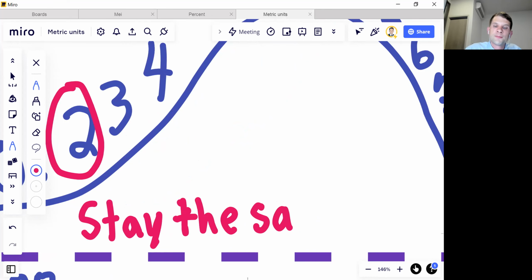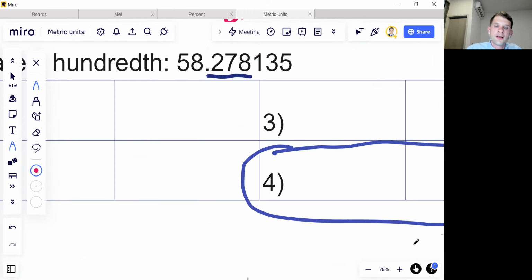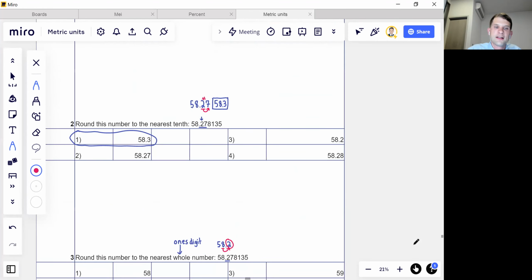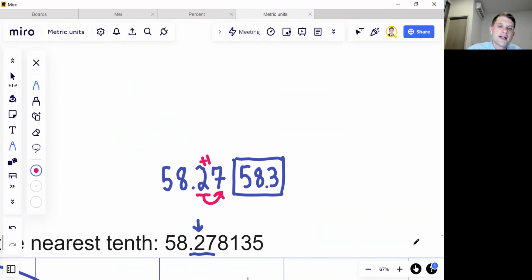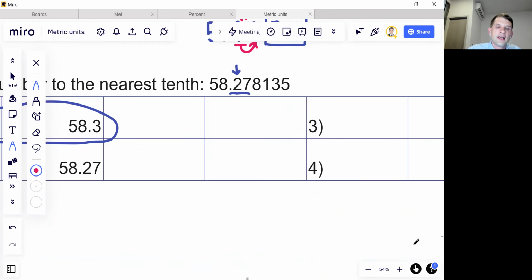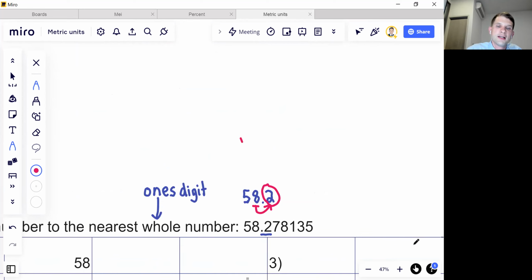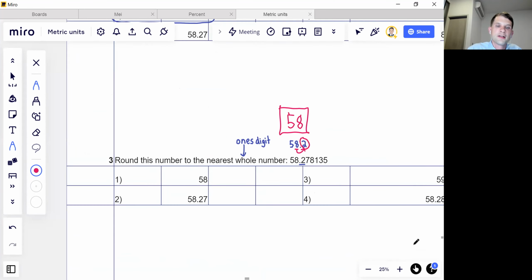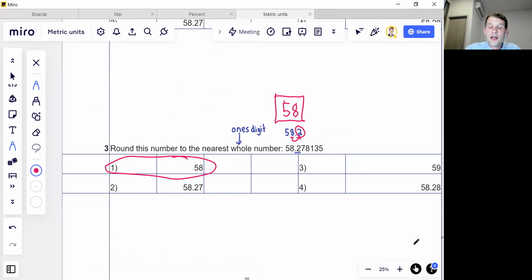So the number will round down here to a 58. So this is going to round down to just 58. Okay. So this will be 58. And let's go ahead and circle that in our list of options here. So that's number 1. All right.